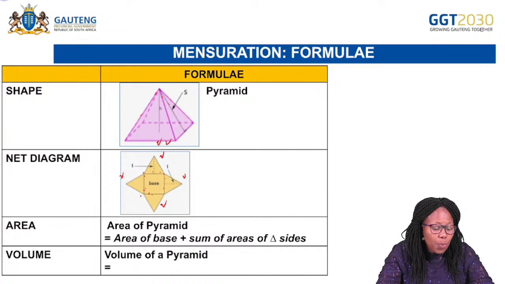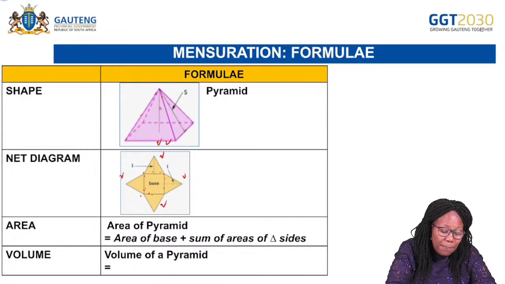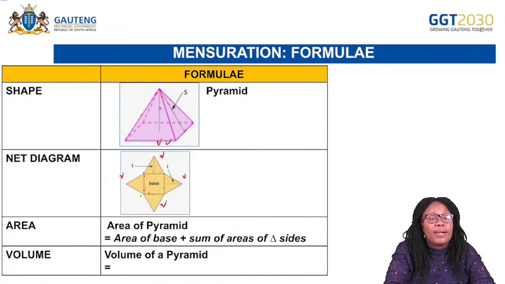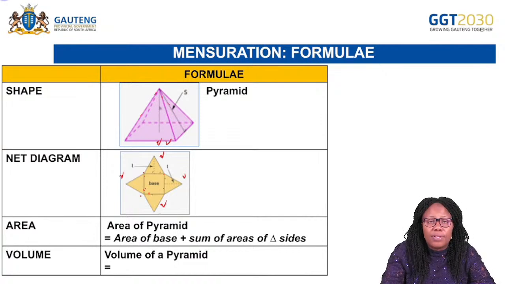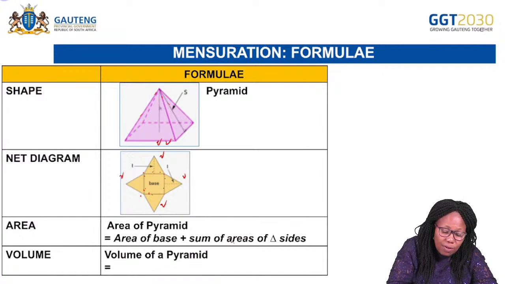And then how do we calculate the area of a pyramid? We take the area of a base. If a base is a rectangle, that means it will be LB, length by breadth. If it's a square, it will be S squared for the sides. And then plus you add the sum of the areas of the triangles that you have on your sides there.